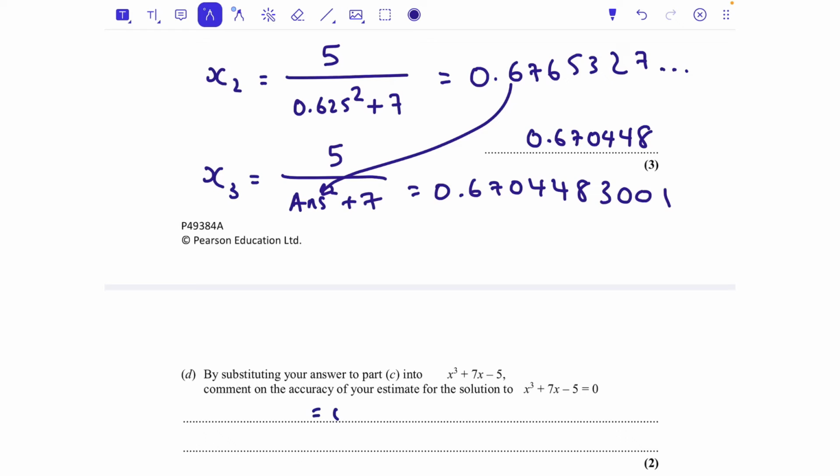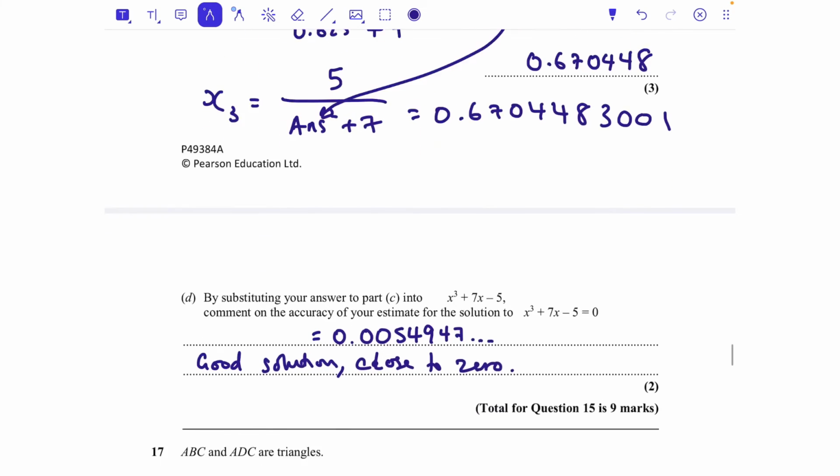And that is 0.00544947, which is exceptionally close, isn't it, to being 0. We're very, very close to 0. So it's a good solution, very close to being 0. So we found a pretty good answer to that cubic.